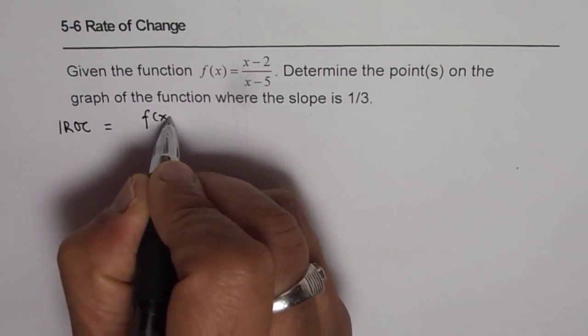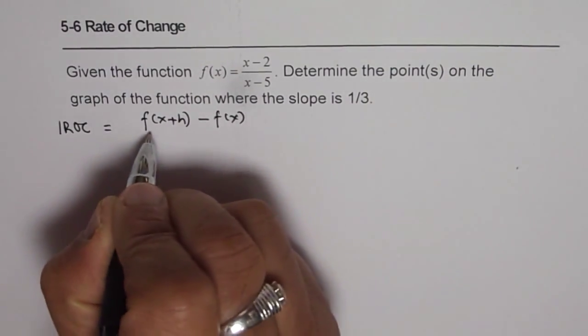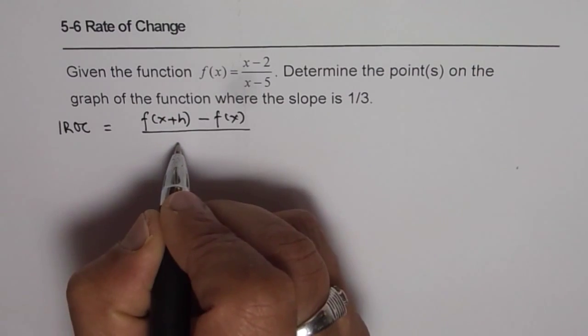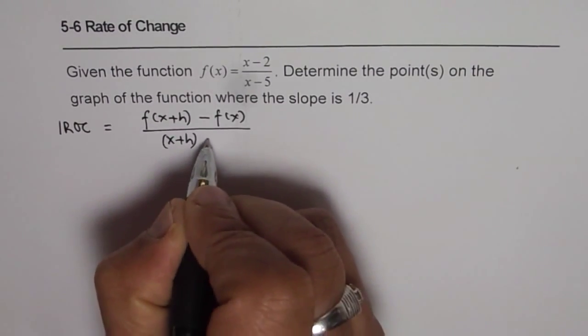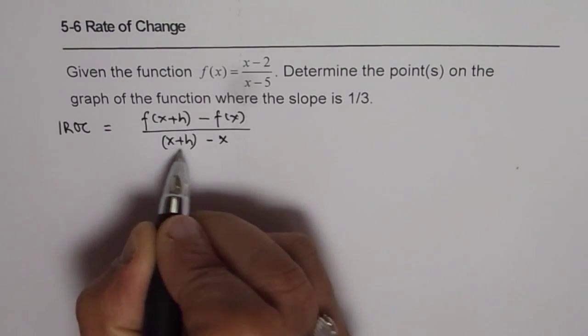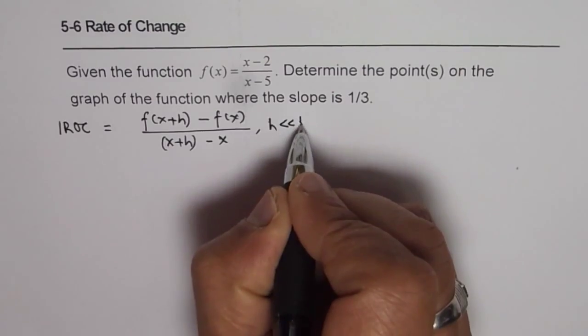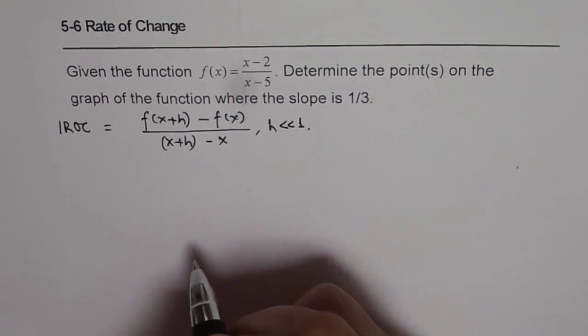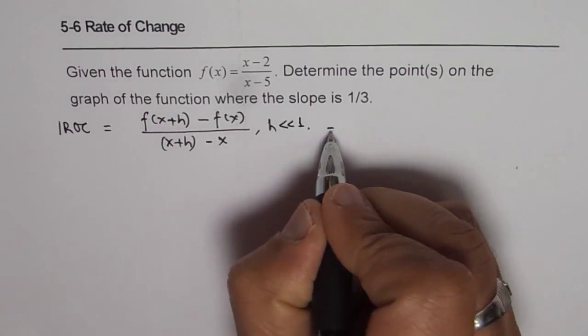[f(x + h) - f(x)] divided by [(x + h) - x], that is divided by h, where h is very small as compared to 1. Correct? So if I substitute x + h in this equation, what do I get?